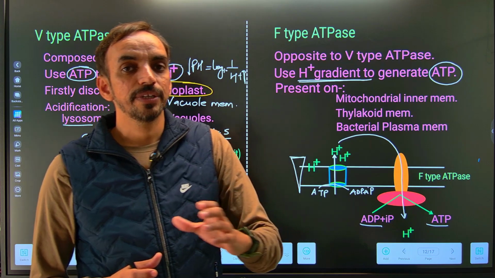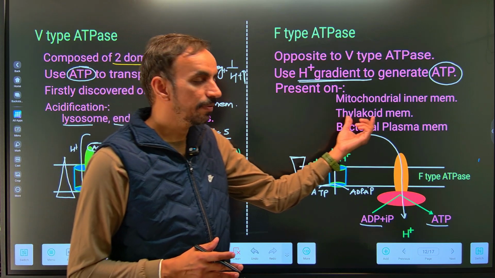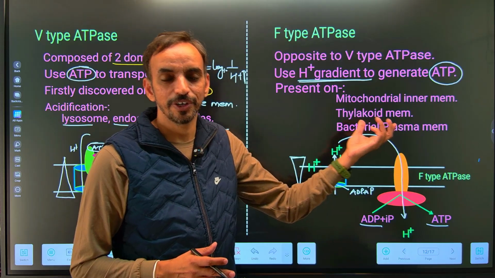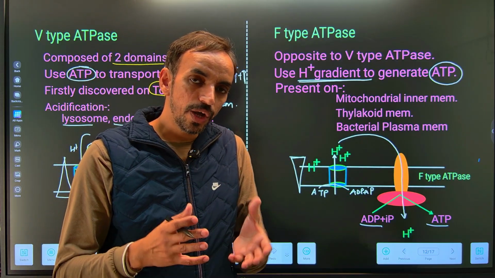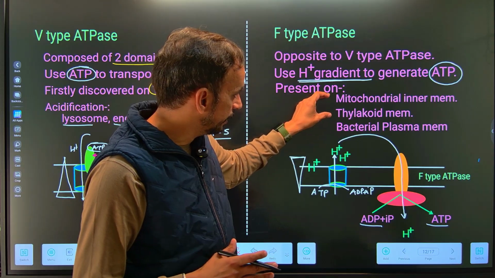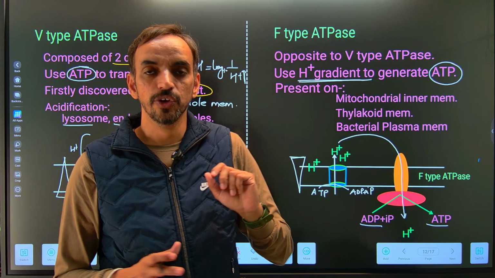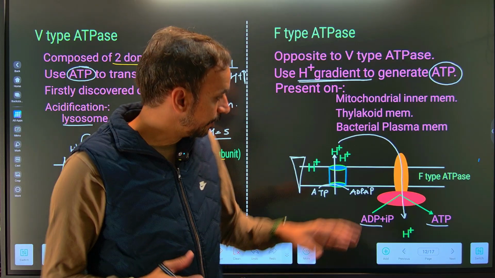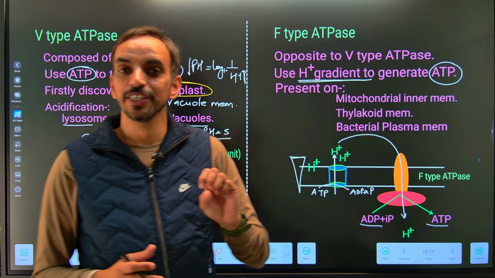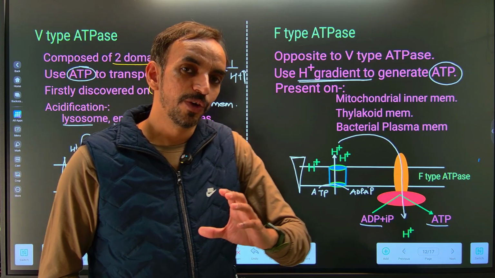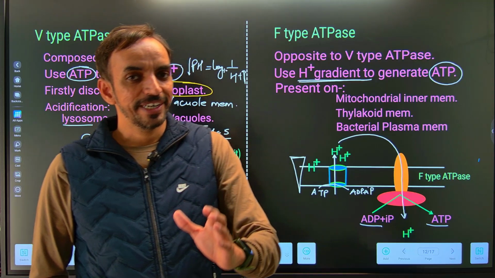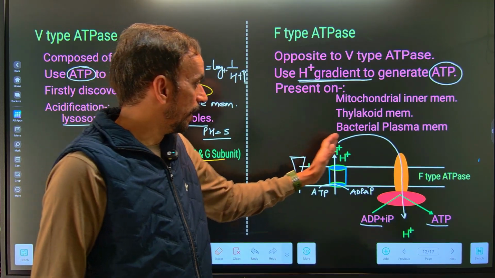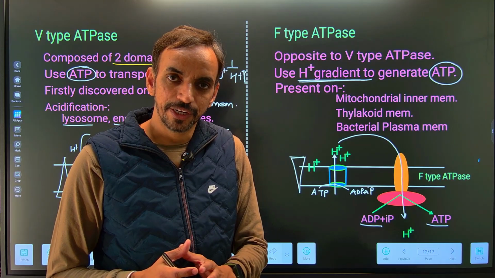They also engulf the cyanobacteria which lead to the formation of plastid or the thylakoid we can say. So ये जो आपकी membranes हैं, that is the mitochondrial inner membrane and the thylakoid membrane, they are originated from the prokaryotic cell. इसीलिए जो सिस्टम बैक्टीरियल सेल प्लाज्मा मेम्ब्रेन पे था, वही सिस्टम आपको माइटोकॉन्ड्रियल इनर मेम्ब्रेन पे भी देखने को मिलेगा, वो आपको थाइलेकॉइड मेम्ब्रेन पे भी देखने को मिलेगा.